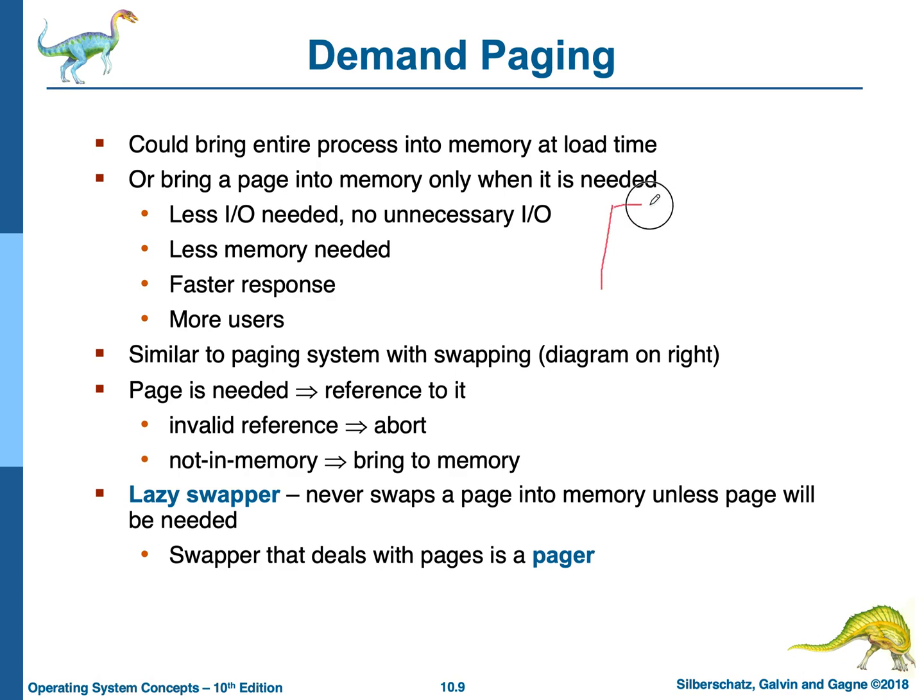If this is memory and this is a process, it might have several pages, and let's say these two pages are necessary for execution. Then only these two pages will be loaded, either in a contiguous or non-contiguous manner.